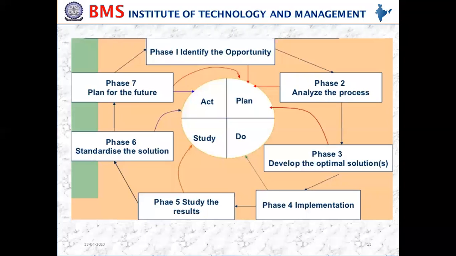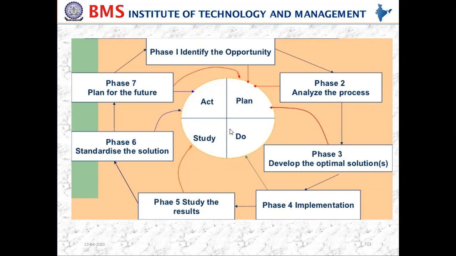What are those phases? First, identify the opportunity, which is related to the plan phase. Analyze the process which you want to analyze, which is also in the plan phase. Third, develop the optimal solutions, also in the plan phase. Phase 4 is implementation, which is the do phase: doing what you have planned, carrying out in the do phase what you planned in the plan phase.